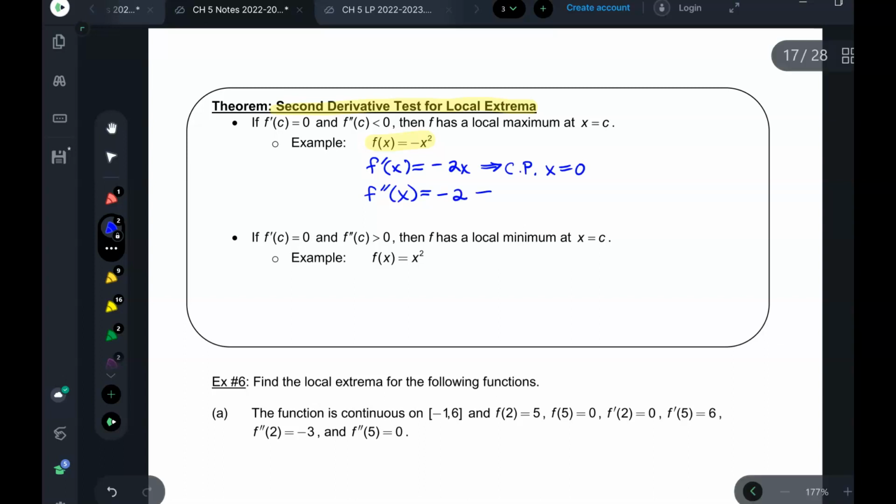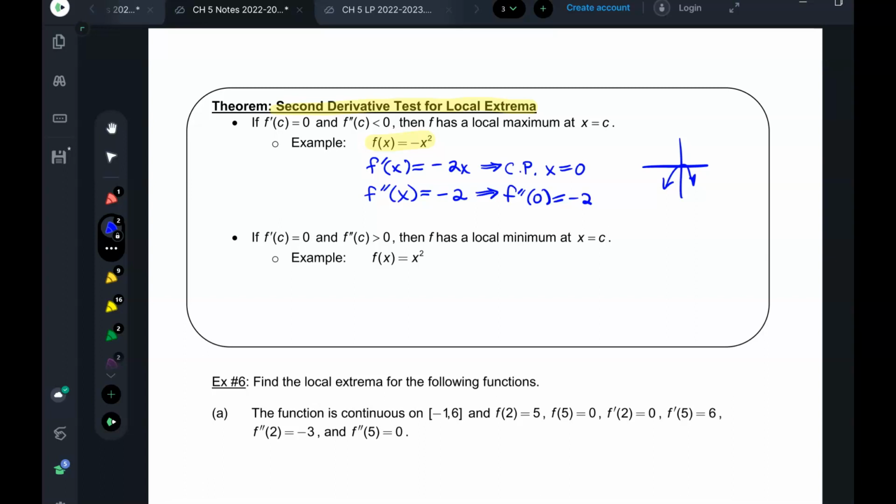That implies that the second derivative at 0 has to be negative 2. In other words, it's negative no matter what I plug in. You can think of this visually: what does negative x squared look like? It's concave down.